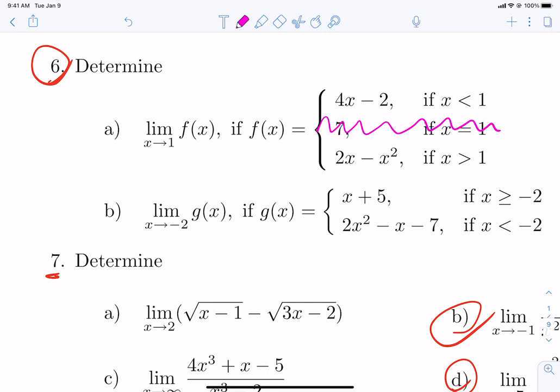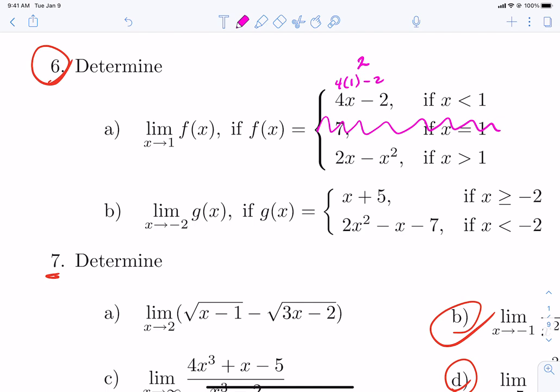If they asked us what could make this continuous, for continuity, the limit has to approach the same thing and the function has to be colored in at that point. But for this one, let's think about as we approach 1 from the left, we are at a height. Now we don't reach the height, there's an open circle there, but we reach a height of 2, or almost, okay?